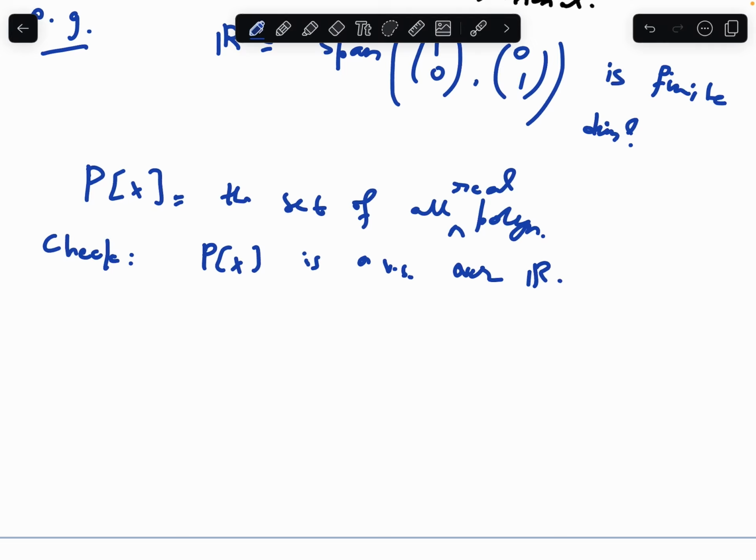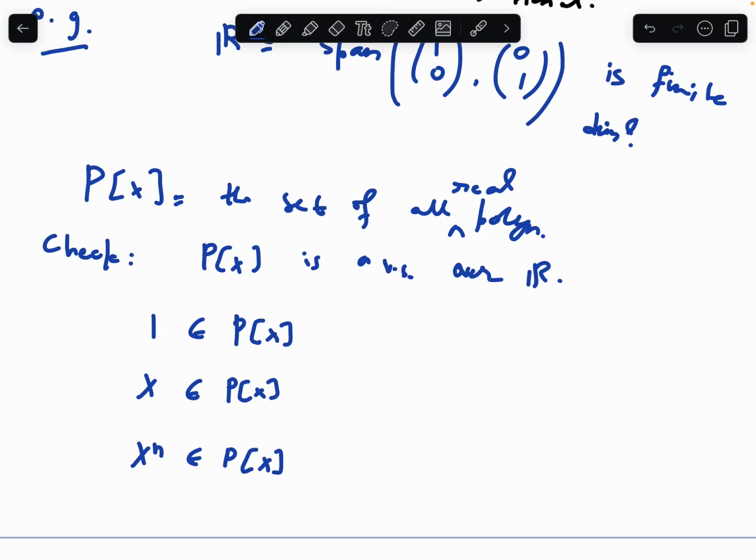Now, is it finite dimensional or infinite dimensional? See, 1 is inside P(x), x is inside P(x), right? And x to the power n is inside P(x).